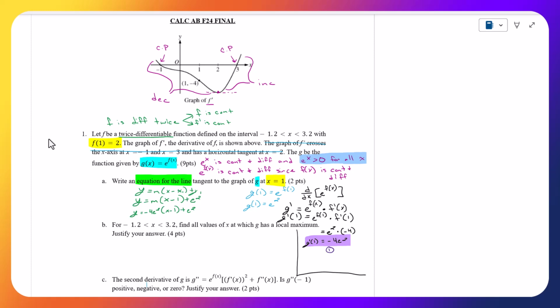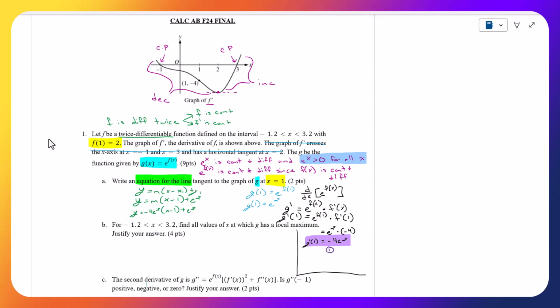We're looking for a local maximum. What does it mean to be a local maximum? We have 2 criteria. We need g prime to equal 0, and we need g prime to switch from positive to negative. Okay. Well, how can we find that? Well, we still need our g prime, which was actually 1 point. If you wrote your g prime in the other question, I actually gave you this point.